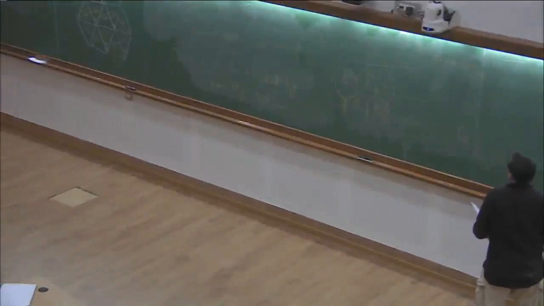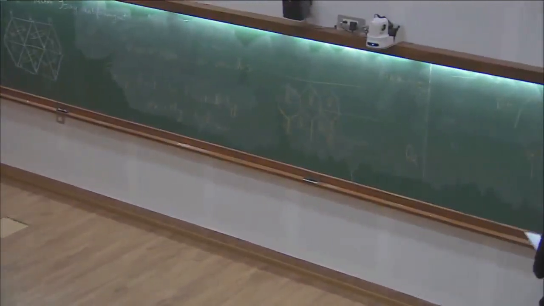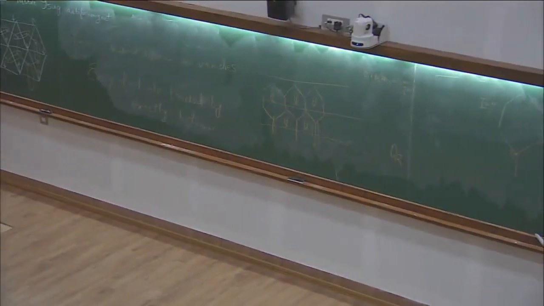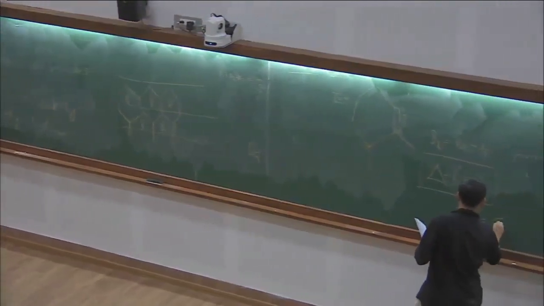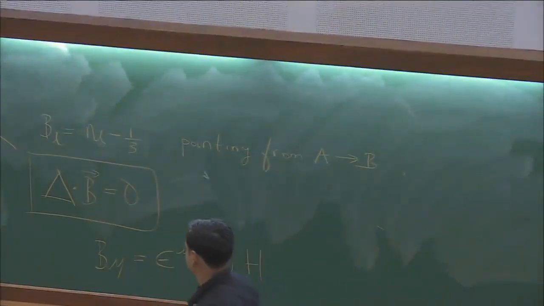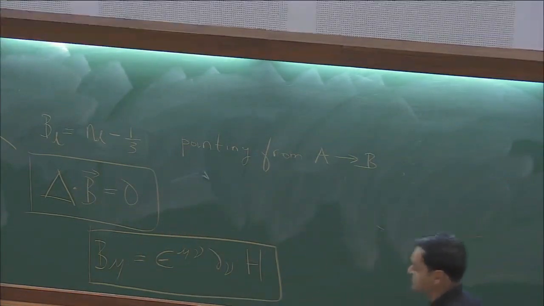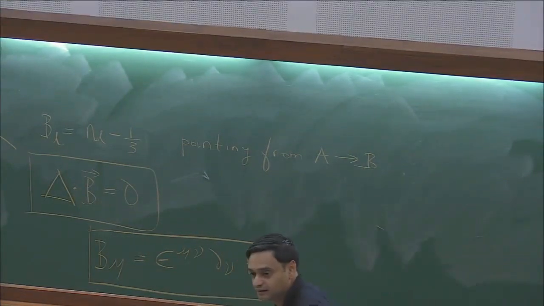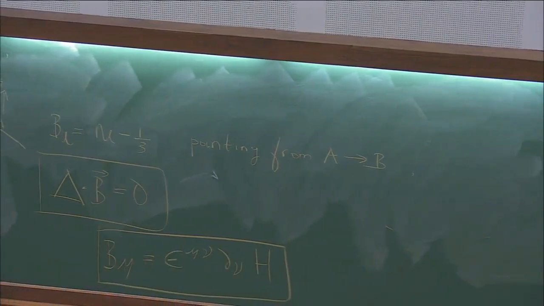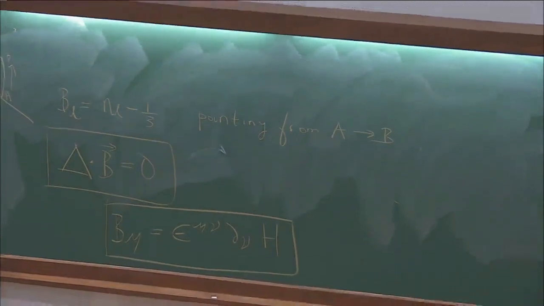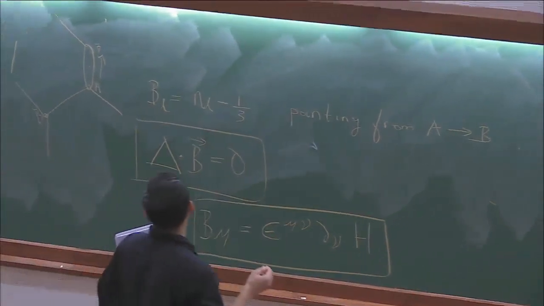Schematically you can write B in some direction as the analog of curl A in 3 dimensions. In 2 dimensions, this is just the transverse gradient of some scalar. On the lattice, you would do this more precisely: the B field is the difference of this height minus that height, and there's a simple lattice rule for this you can give.